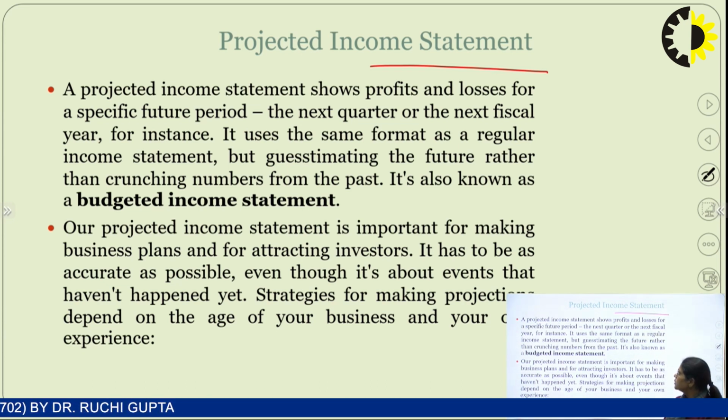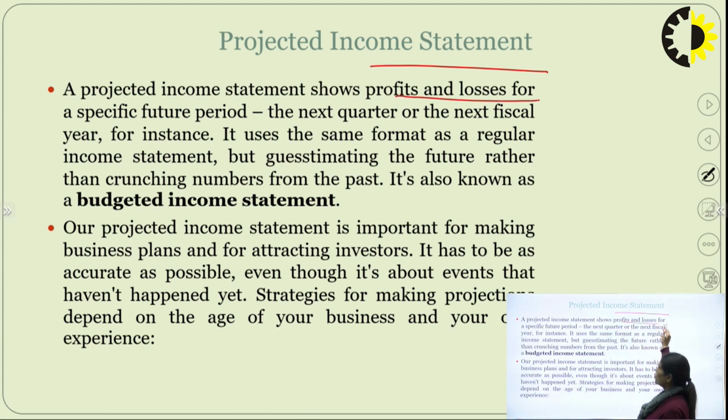The income statement shows the total profit and total loss in a future period, or we can say the next quarter or the next financial year. For instance, it uses the format of a regular income statement, but instead of crunching the numbers for the past, it does so for the future. It is also known as a budgeted income statement.